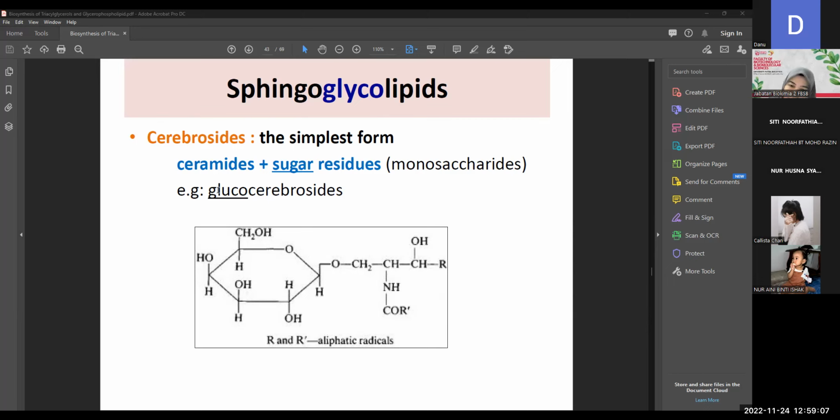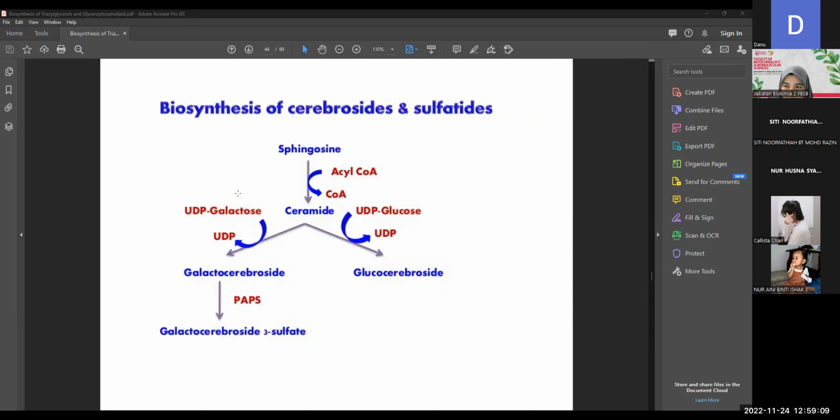When there is a glucose, it forms glucocerebroside. This is the biosynthesis of cerebrosides, either gluco or galacto. If the sugar is glucose, it is glucocerebroside. If it is galactose, it is galactocerebroside. It depends on what type of sugar is attached to the ceramide.